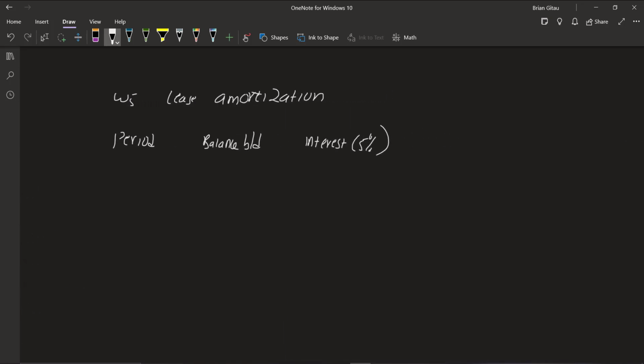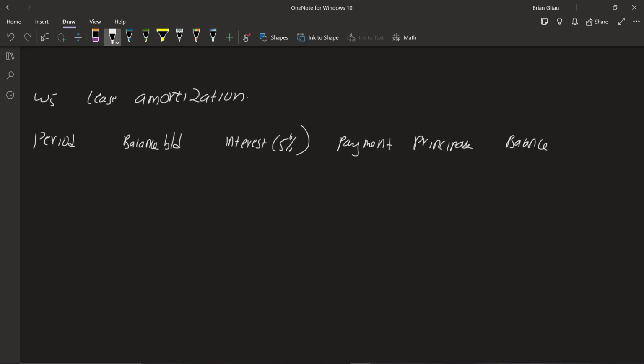We also have the payments and the principal, and the balance carried down.